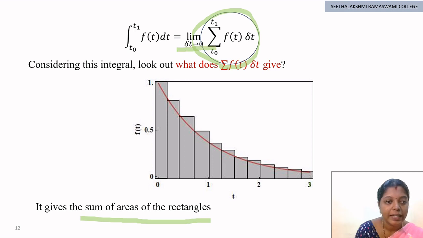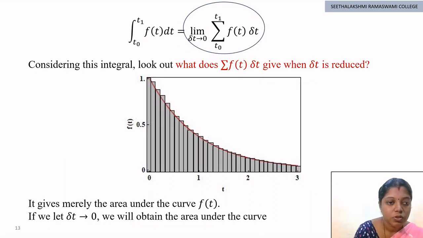You are taking the limit del t tends to 0. So let us see what happens when you set this del t length to be smaller. Here I have made del t smaller. With this you can see the selected area more or less matches the area under the curve, so it fits the curve.